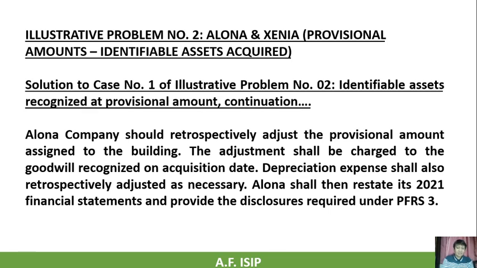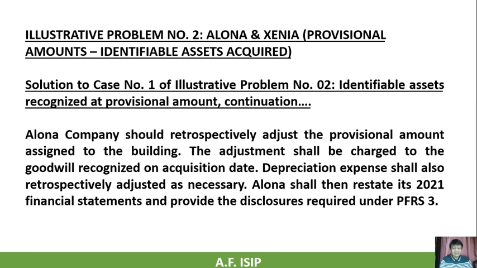We will see how the goodwill is affected by the adjusting entry that we are going to prepare in the succeeding slides. Depreciation expense shall also be retrospectively adjusted as necessary, because there is a big difference. The estimate of Alona Company is 10 years, while the estimate of the independent appraiser is 5 years. So we have to adjust depreciation.